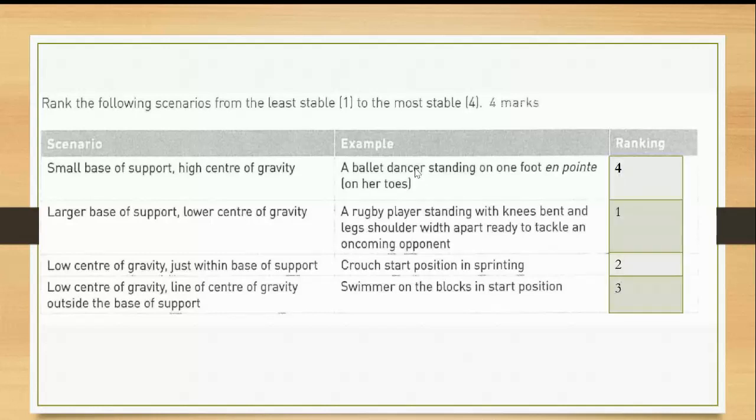Okay, so the most stable would be, I've answered this in the incorrect way. I've done it the other way around. So it said least stable 1 and most stable 4. I've done it in the opposite way. So you need to be very careful with that in exams. There's a good little practice test for you there.